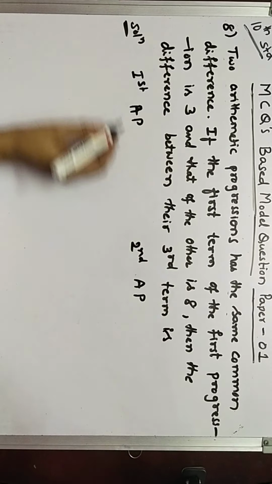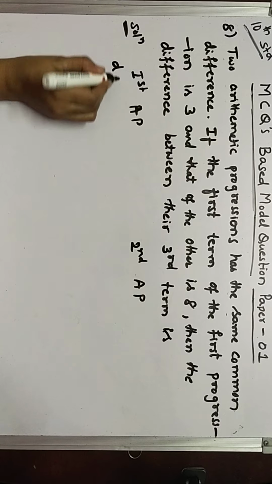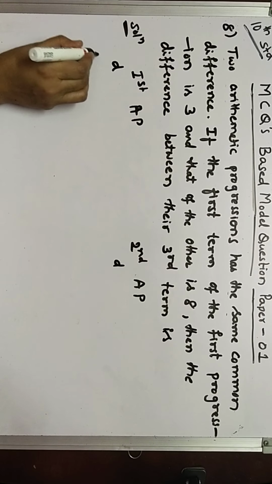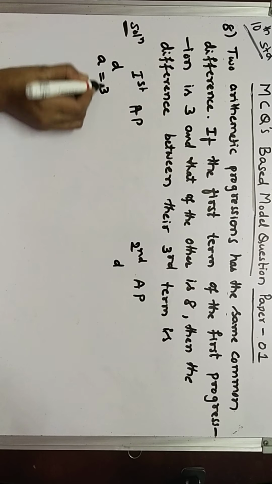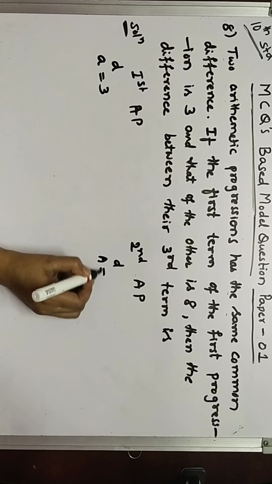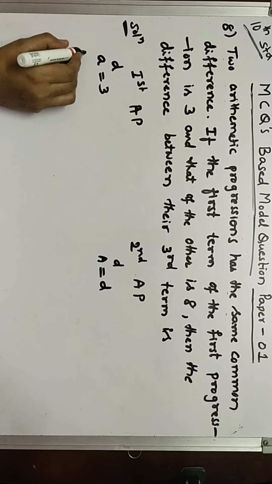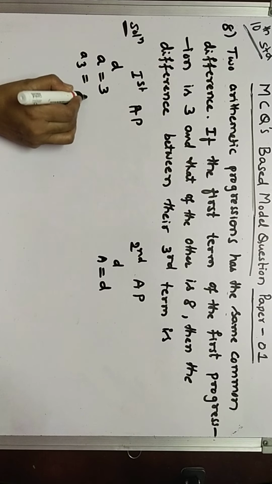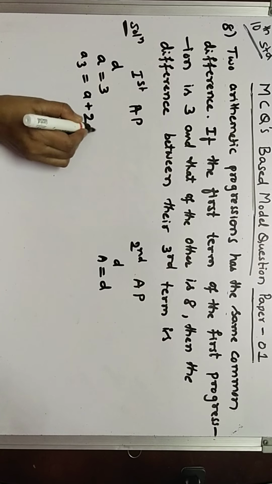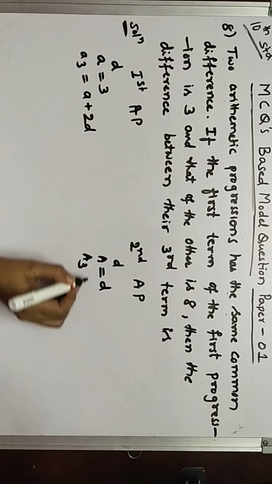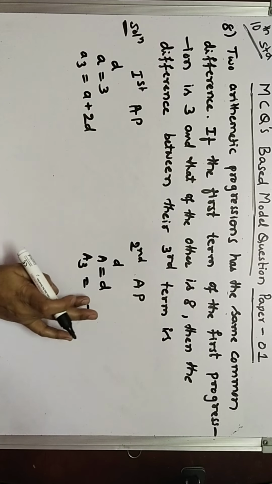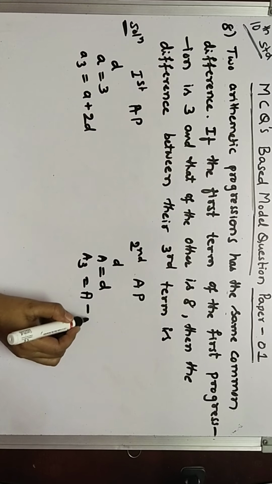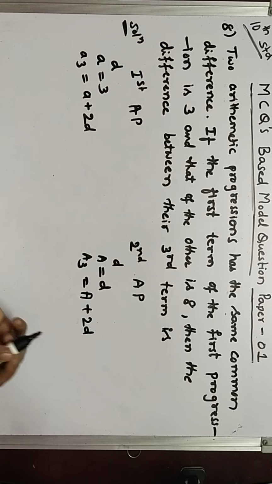The common difference is the same, d, here also d, and the first term a is 3, here I am using capital A, that is 8. Then A3 is equal to a plus 2d, and here A plus 2d.